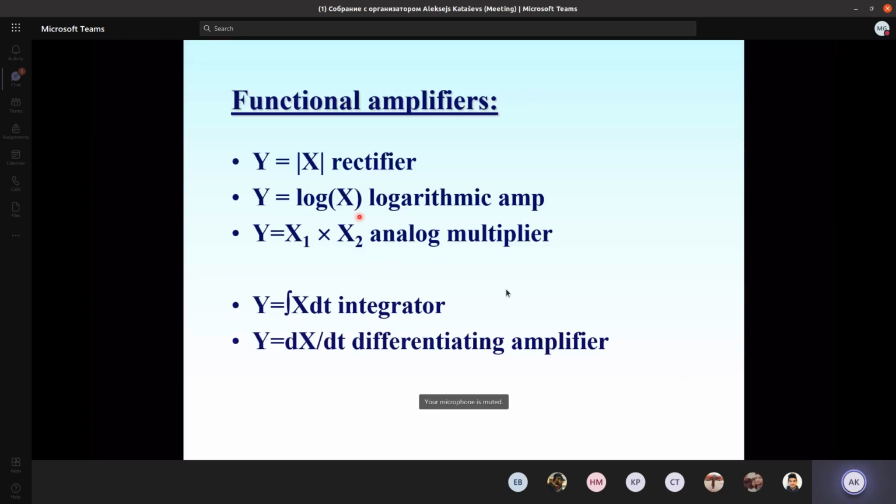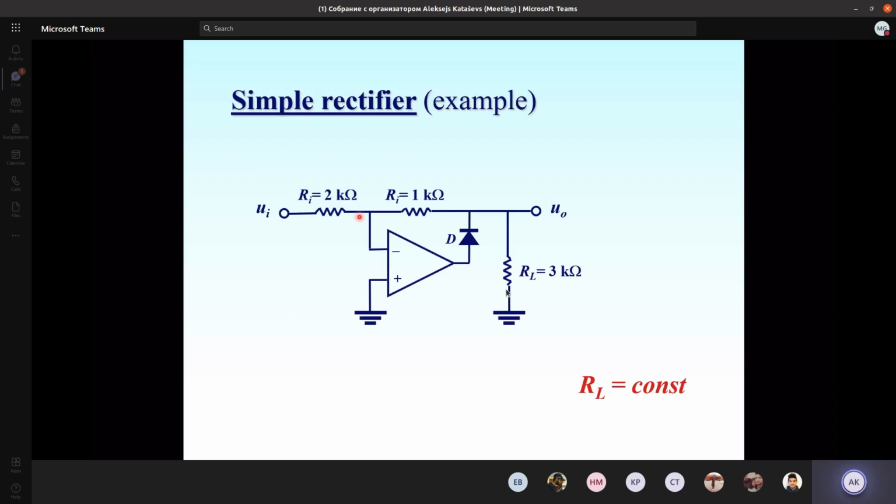Well, let's discuss as a first example the absolute value function. The absolute value function is actually implemented by different kinds of rectifier circuits. We couldn't use just a single diode and a resistor for the implementation of the absolute value function.